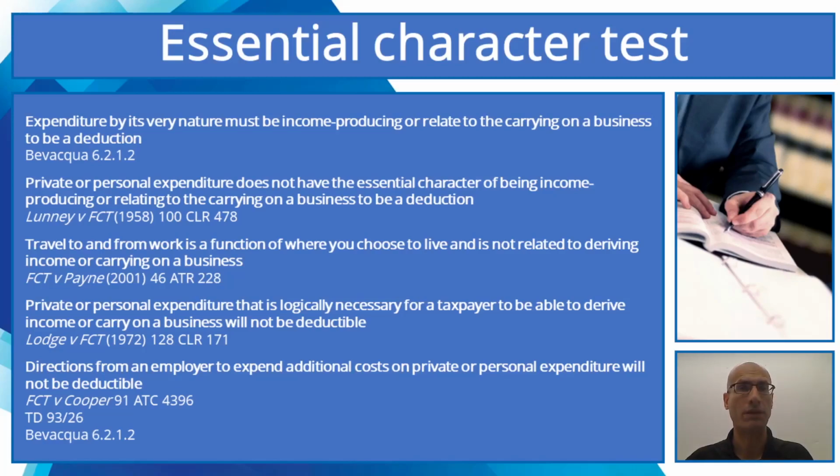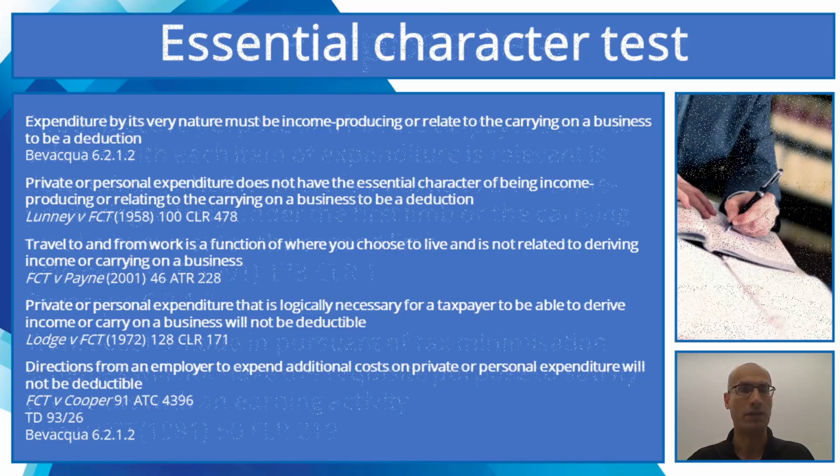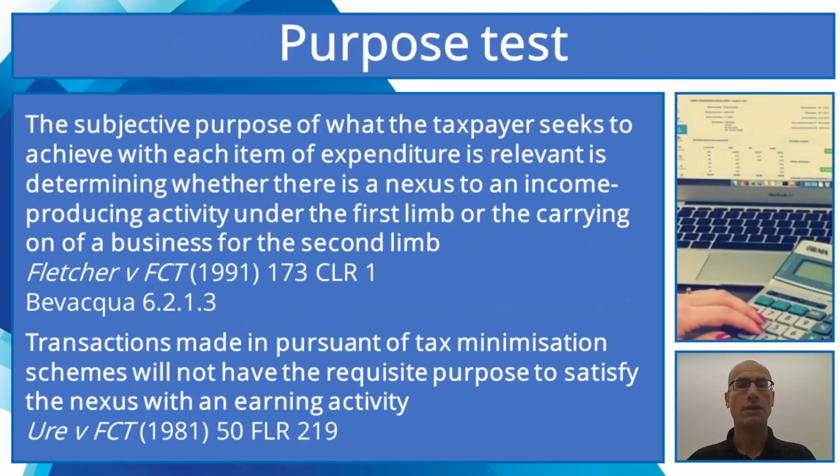But ultimately, it's important to know from this point that the amounts that are expended, if they relate to something that people ordinarily do in their lives, it's unlikely that that will have this necessary character of being able to be a general deduction.